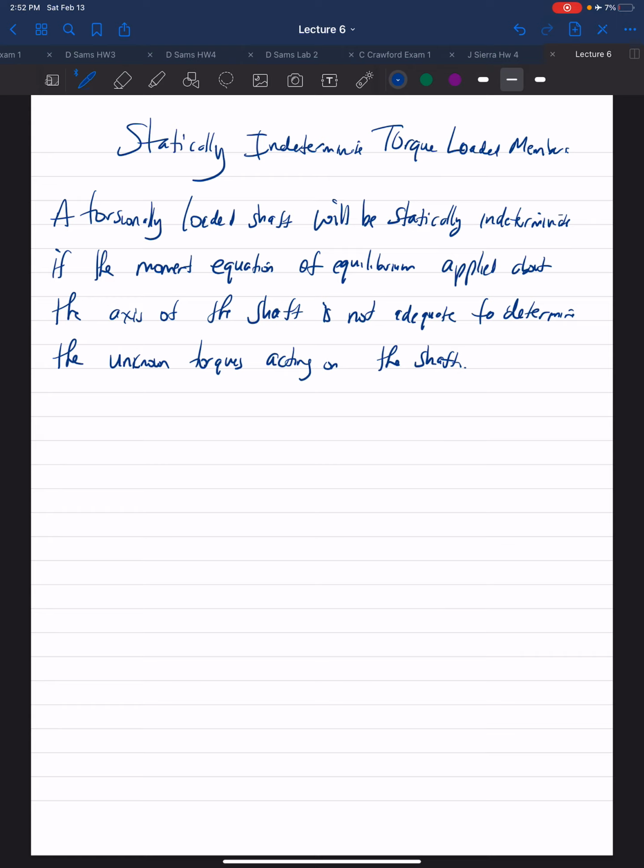So here, just like in the previous chapter, we have to come up with a compatibility equation or compatibility condition.